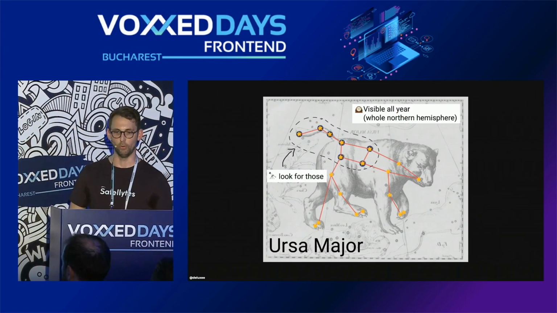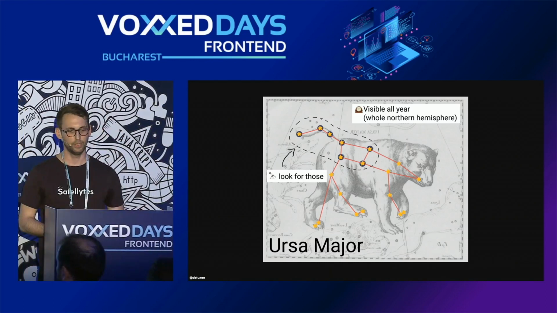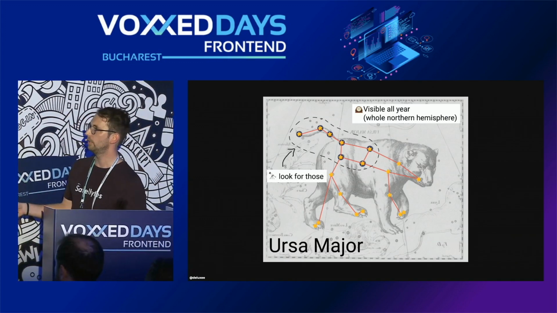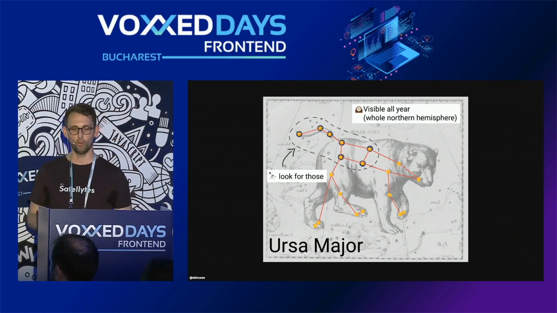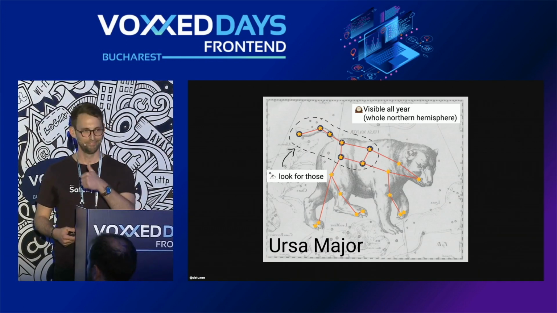That's Ursa Major, which is Latin and translates to big bear. Many people will recognize the upper left part here as the Big Dipper in English, or in Romanian, Carul Mare.